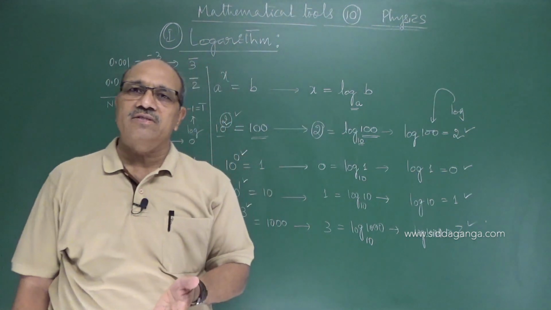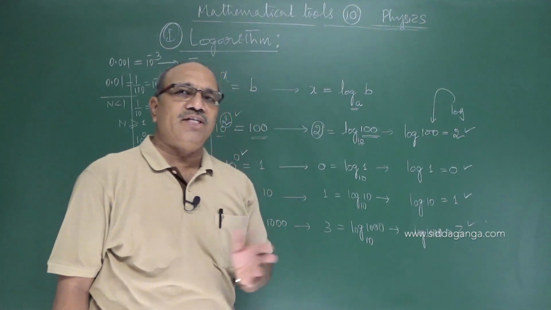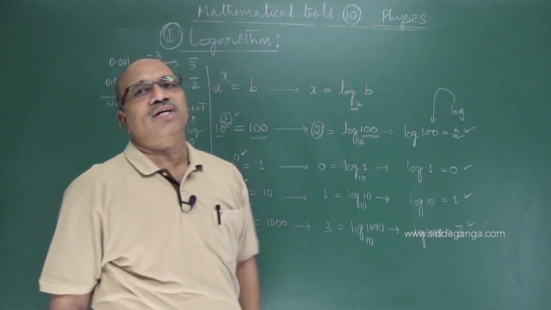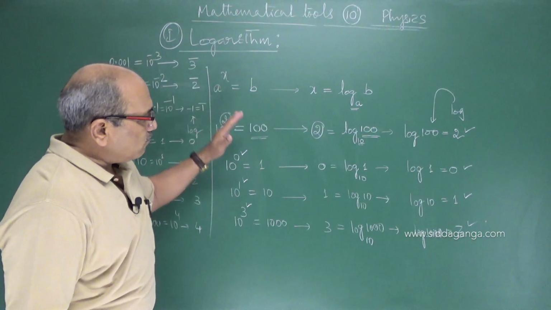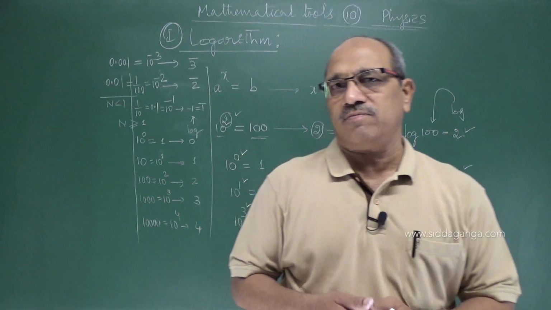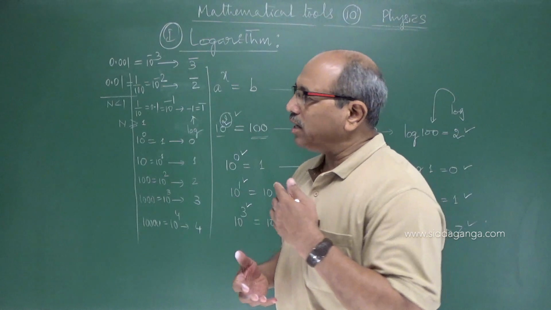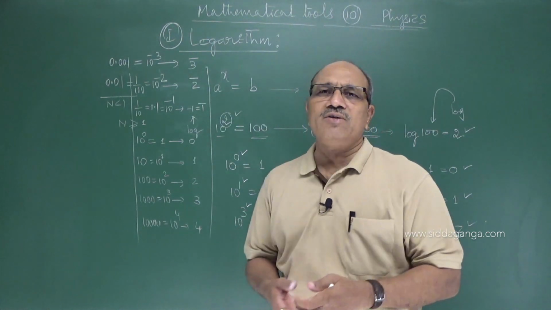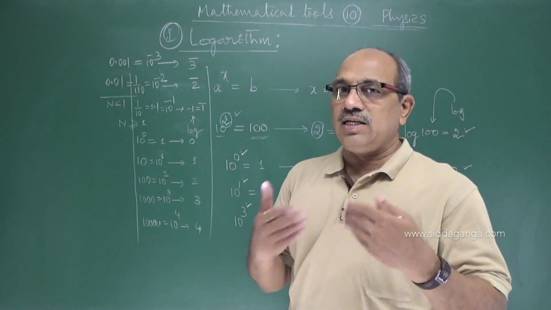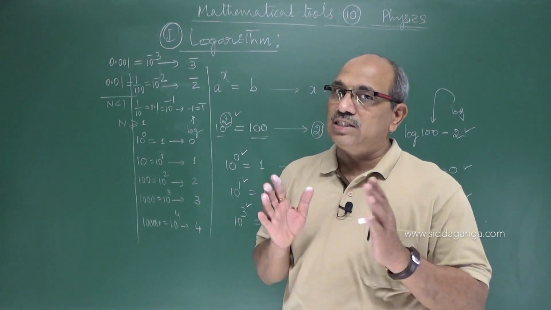This is how it helps. The law of indices is the only basis for this, which can turn multiplication into addition, division into subtraction, and powers into multiplication. So first I made it clear that we are using the base 10 system, the decimal system. We are most acquainted with that number game, and in it any number you are going to multiply or divide, if you succeed in getting the power of 10, then the answer is easier.